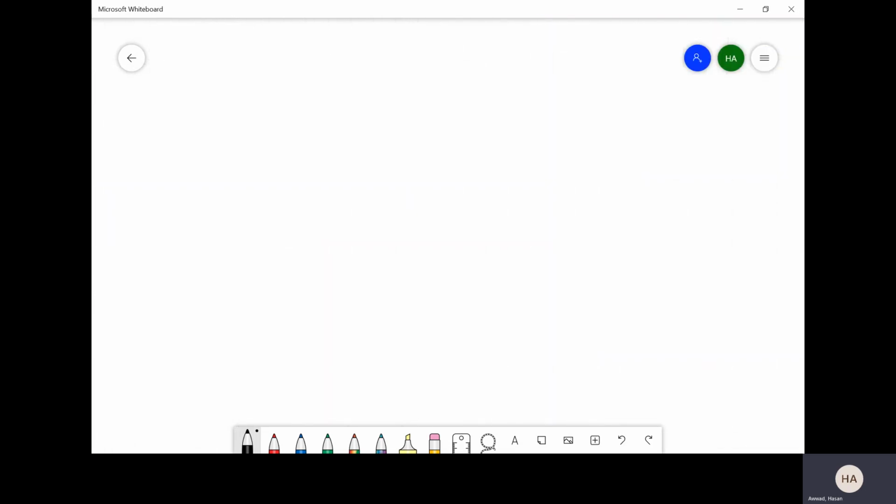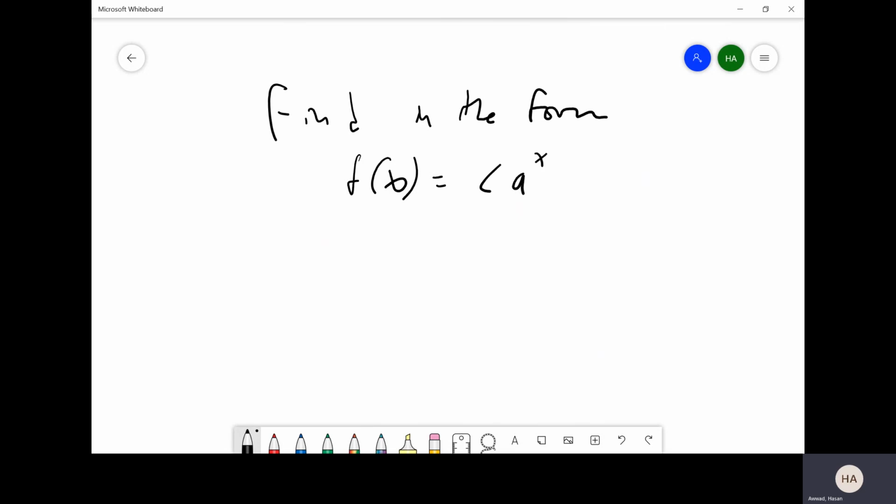All right, so let's get to some actual mathematics here instead of just graphing. In this example, I want to find an exponential function in the form f of x is equal to c times a to the x.